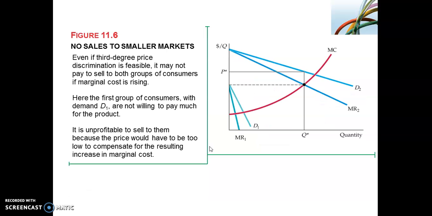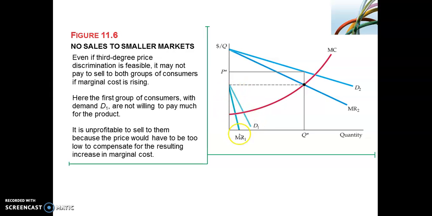The final figure, figure 11.6, shows that when the demand is small for one group of consumers, then it's not worthwhile to sell to this group. So if we have a look, even if third-degree price discrimination is feasible, it may not pay to sell to both groups of consumers because marginal cost is rising. The first group of consumers with demand curve D1 are not willing to pay much for the product.